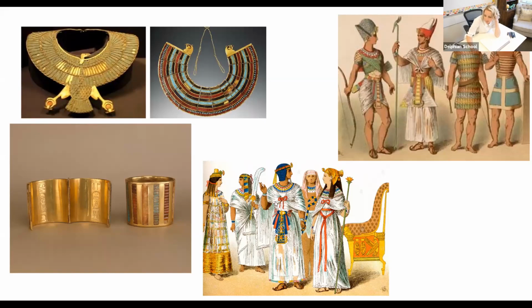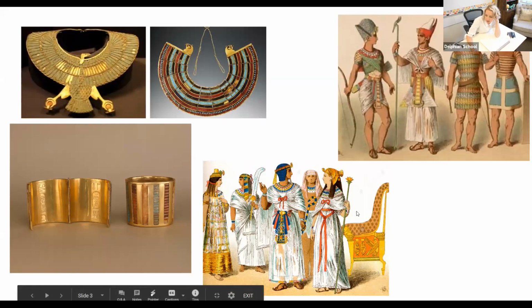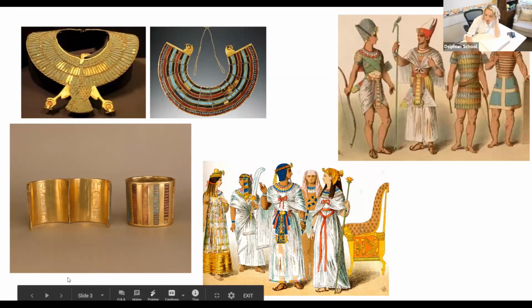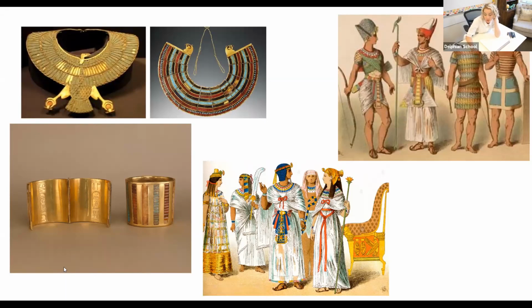And you can see that the pharaohs are the ones with the most decorated outfits. So they kind of have the sparkliest things on and the funniest looking hats. And so the Egyptians had kings that they worshiped like gods, and they believed that whenever a pharaoh died, they went into another life where it was an eternal life, where they got to basically be a kind of a king or a god forever.